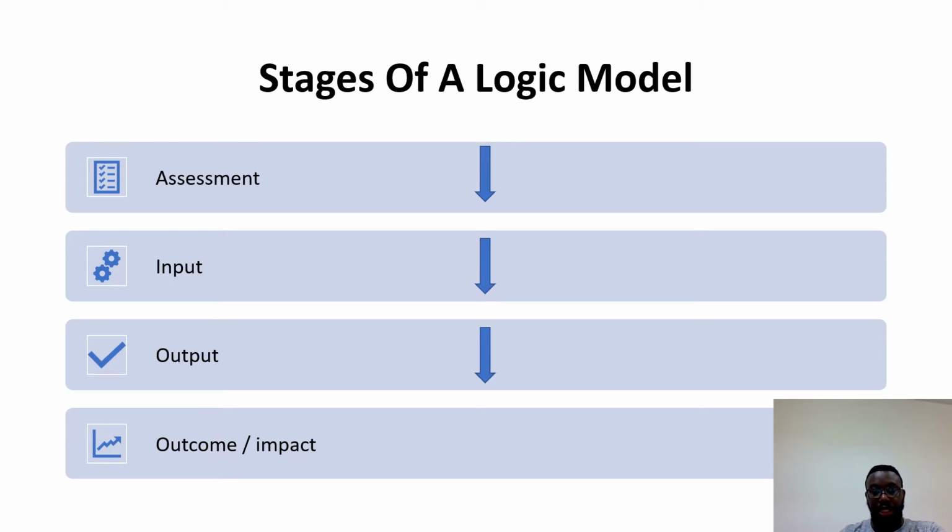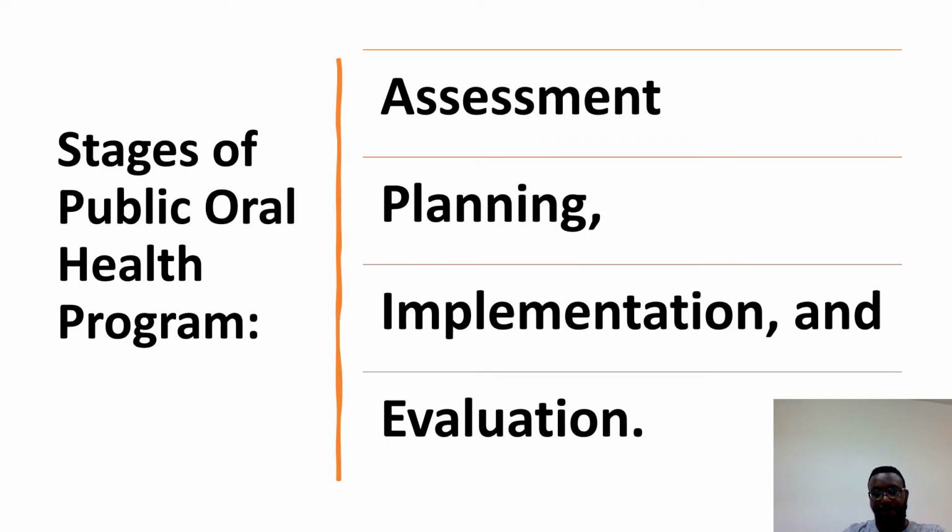Okay, so you see in this slide how this arrow is used to indicate the movement in direction. So you do assessment, and then the next step will be the input, the next step will be the output, and then the other step will be the outcome or the impact.